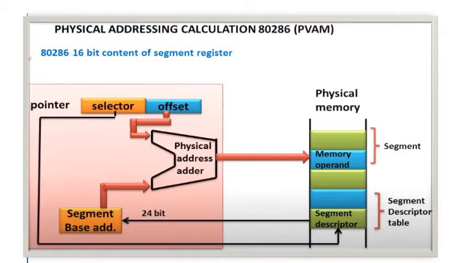The 8286 enters protected virtual address mode from real address mode when the protection enable bit of the machine status word is set with the execution of the load machine status word instruction.